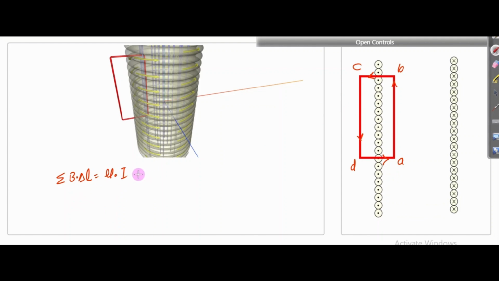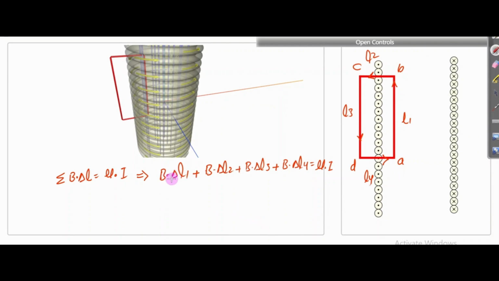Here we have four sides of the Amperian loop, so this equation can be written as B dot dL1 plus B dot dL2 plus B dot dL3 plus B dot dL4 is equal to mu naught times I. This is the expression of Ampere's law. So this side is L1, this side is L2, this side is L3, and this side is L4.